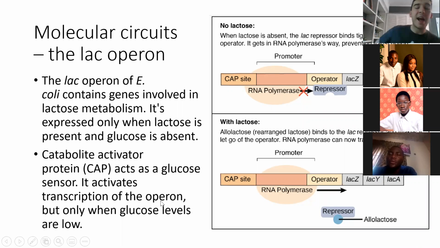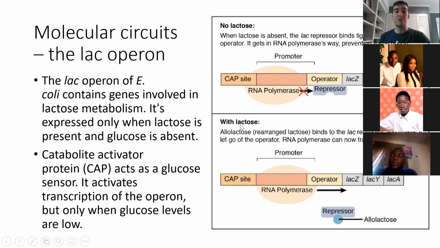Now how do we deal with the lactose sensing? Because there's no purpose in turning on these genes unless you actually have lactose present. The way that is dealt with is through this repressor here. If there's no lactose present, the repressor binds to this operator region of the DNA and blocks the RNA polymerase from proceeding and transcribing these different genes.